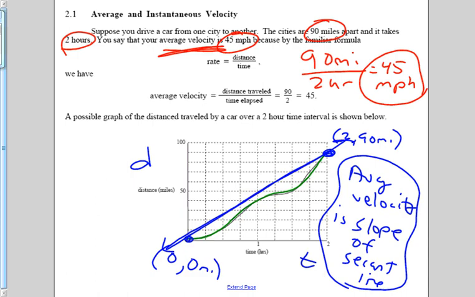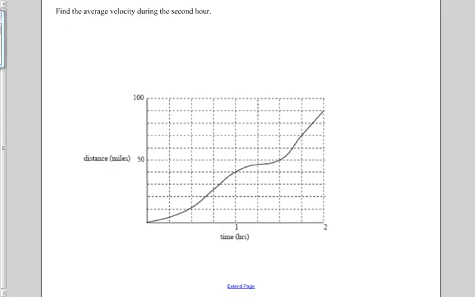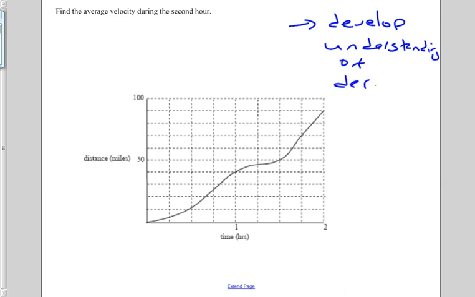And this is all reviewed from what we looked at in the last video. So again, this is further review. What we're going to start doing is paring this down and start developing an idea of the derivative. So what we're moving towards, we're trying to develop an understanding of the derivative.